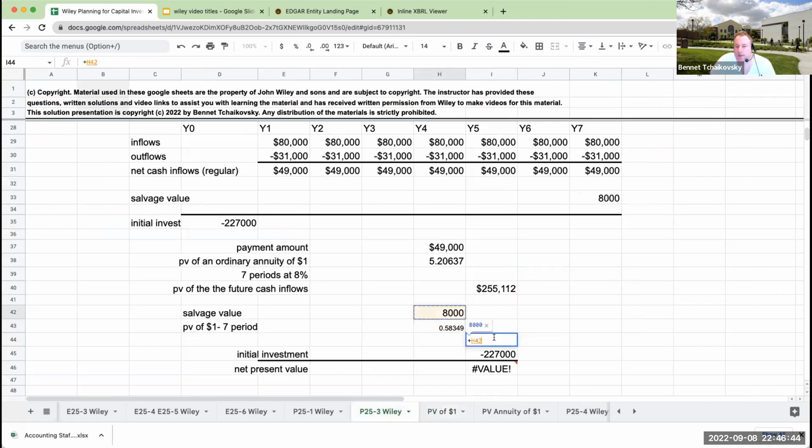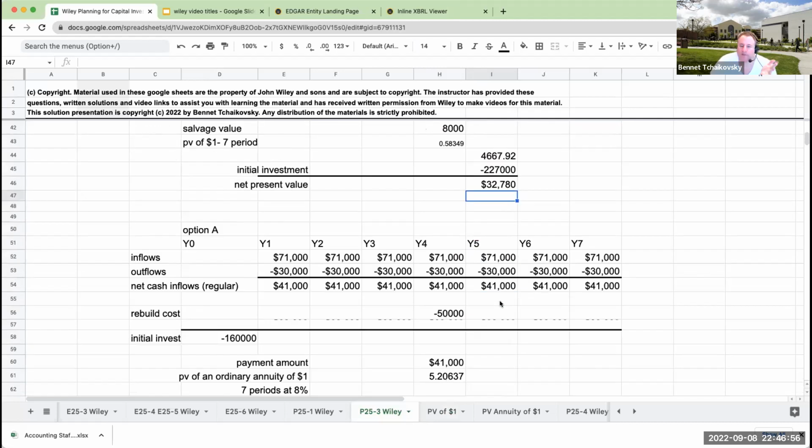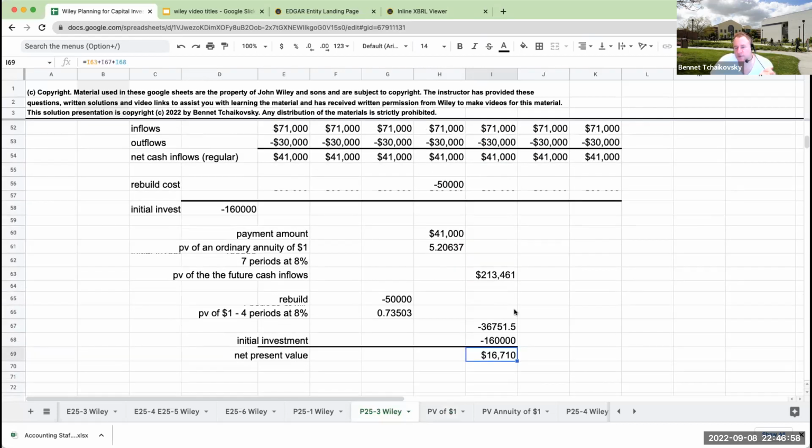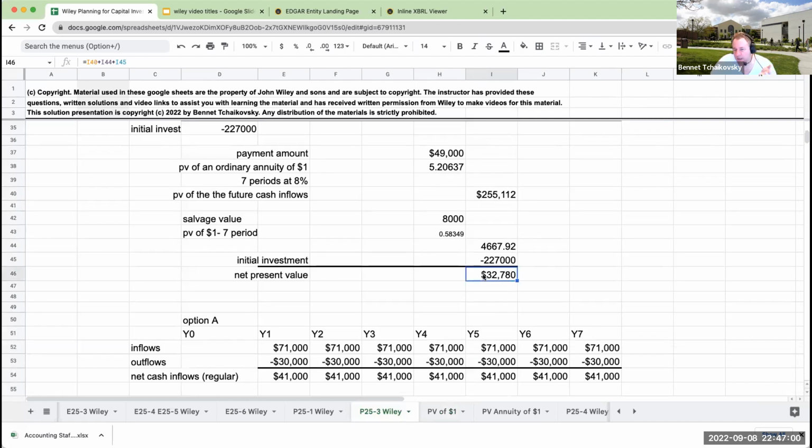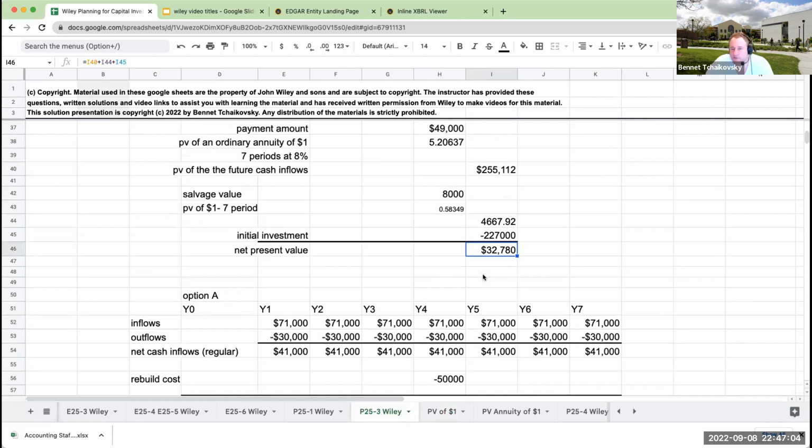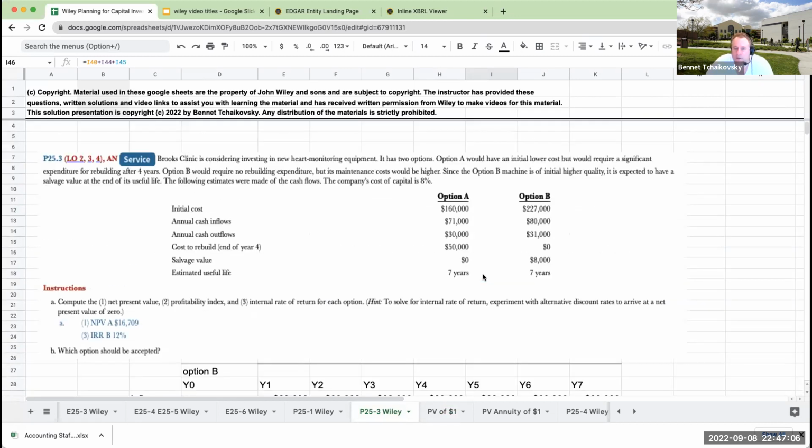So when I multiply 8,000 by 0.58349, it's worth about that. Over here, my net present value is going to be 32,780. So when I look at the different options, the present value of option B is double that of option A. So again, option B looks like the better option from this point of view.